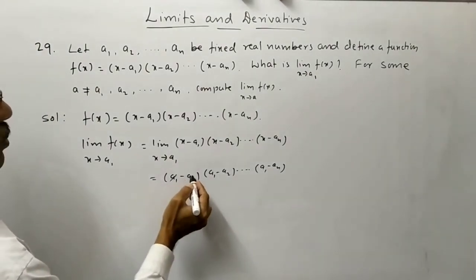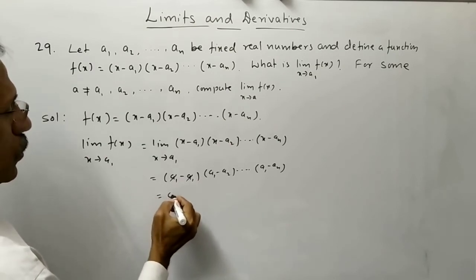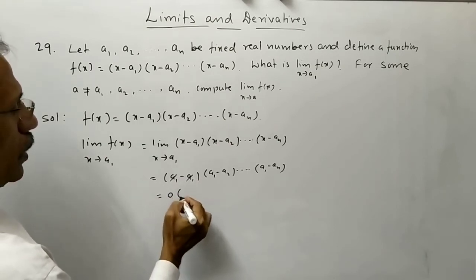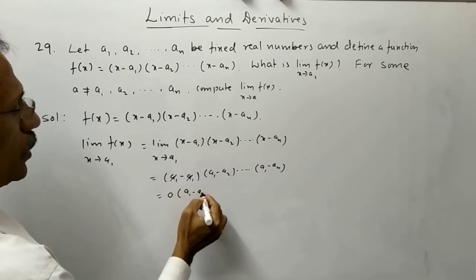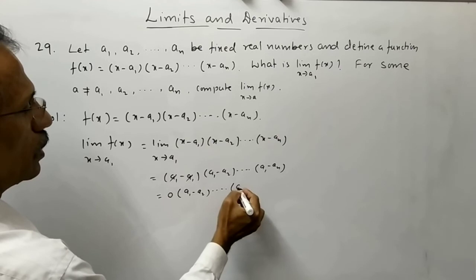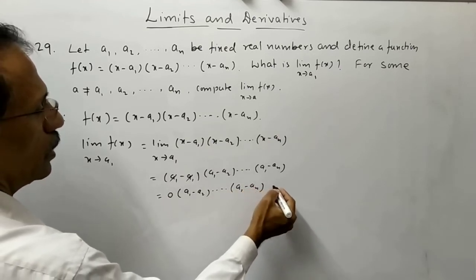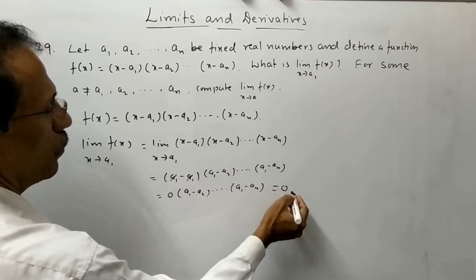Here a1 minus a1 will get cancelled, so you will get 0 into a1 minus a2 into ... into a1 minus an, which is equal to 0.